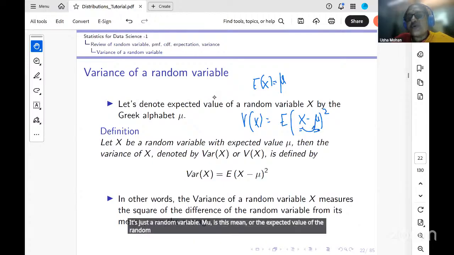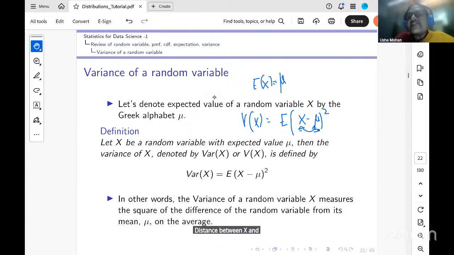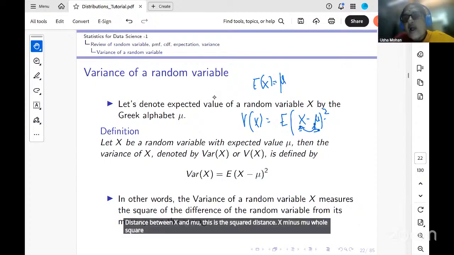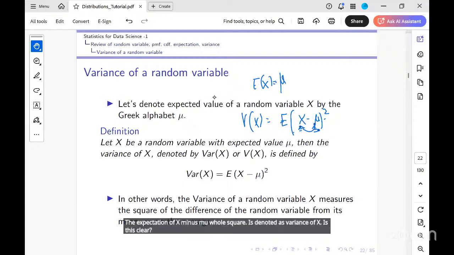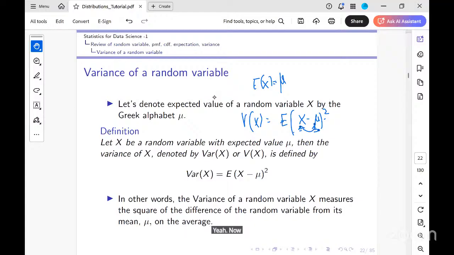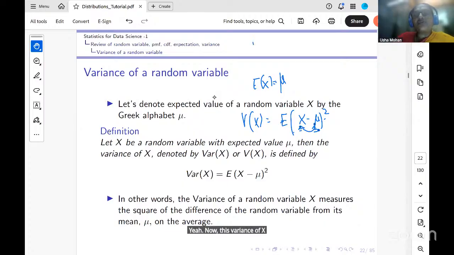X minus mu is the distance between X and mu, so (X minus mu) whole square is in some sense the squared distance. The expectation of (X minus mu) whole square is denoted as variance of X.